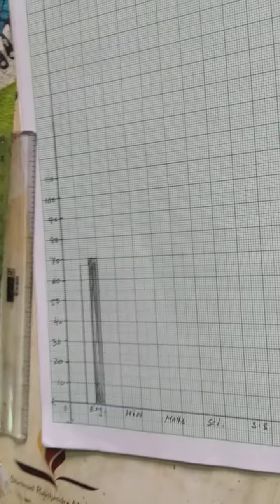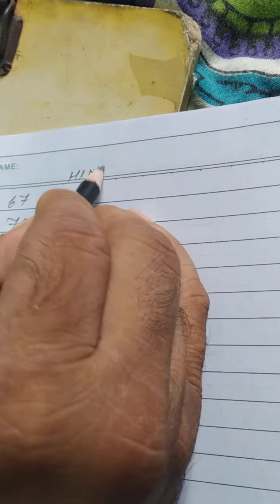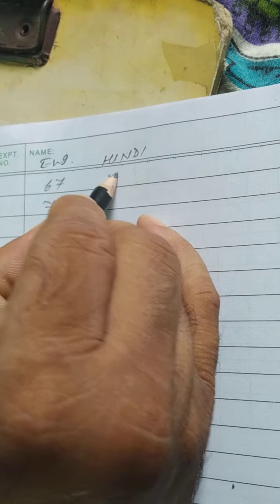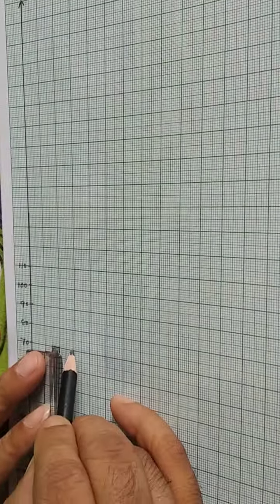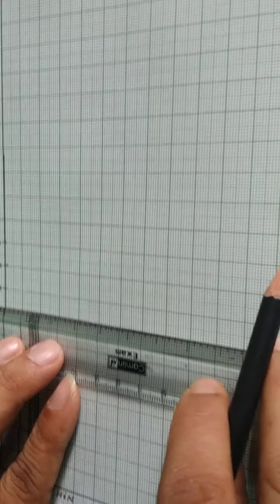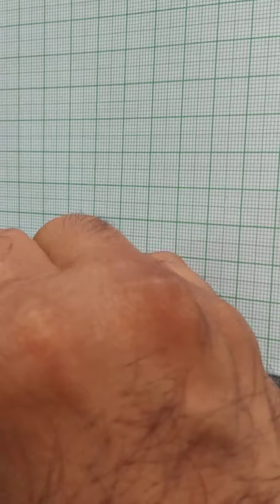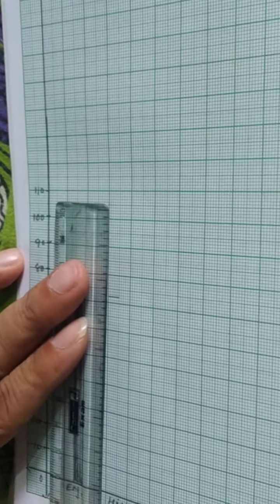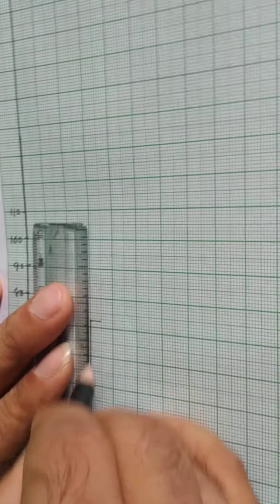In Hindi, in first semester, how many marks? Now Hindi, 72 and 65. Now let's see 72. 70, then after 2 division 1, 2. So 72, right?